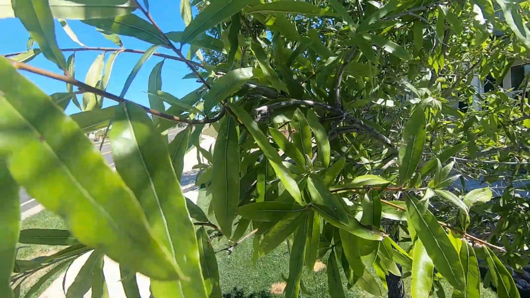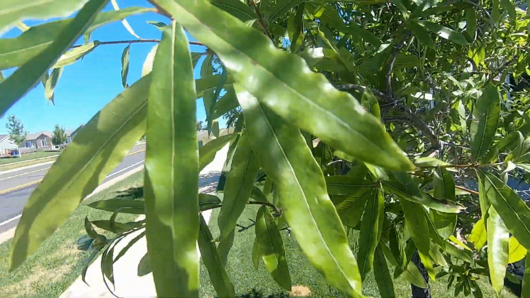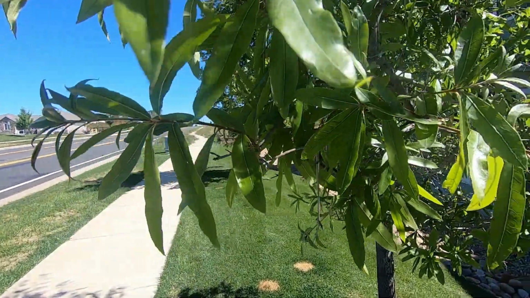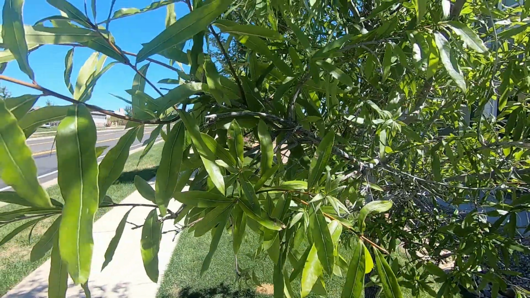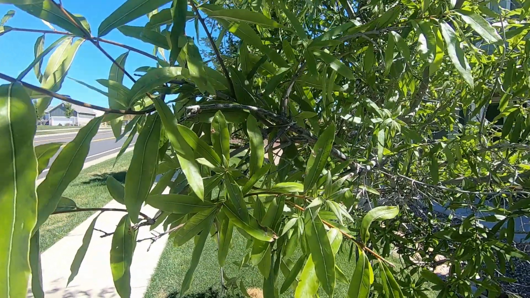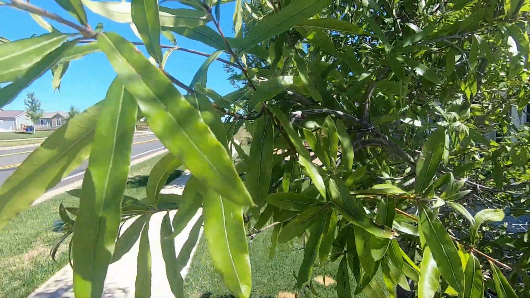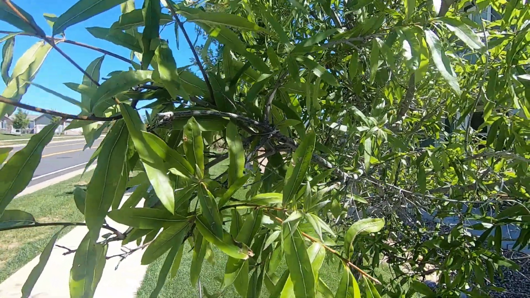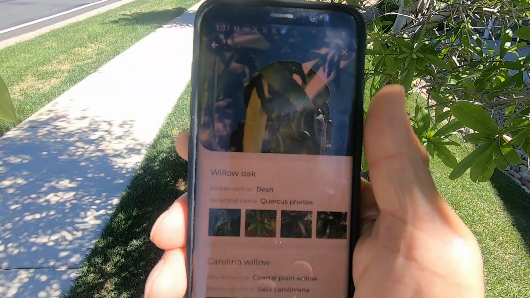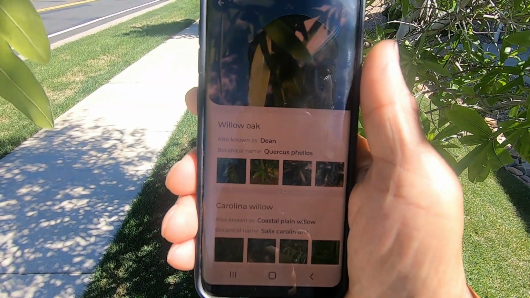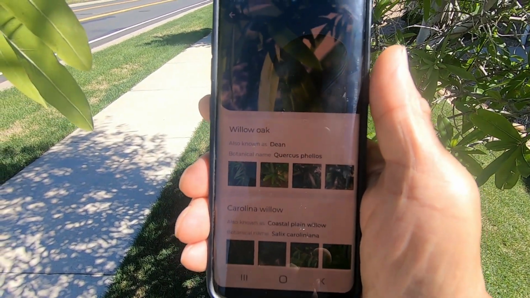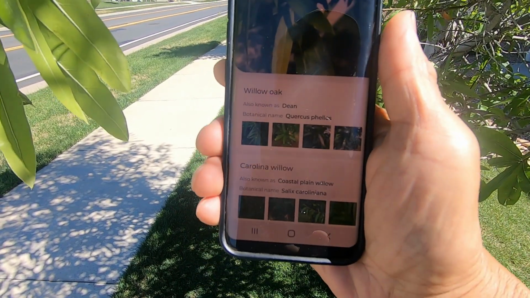For me, without knowing the name here, it's very, very difficult to identify this tree, even though it doesn't look like a willow to me. But yeah, I'd like to try that particular app. Yeah, this one is correctly identified as willow oak. Yeah, this is great.